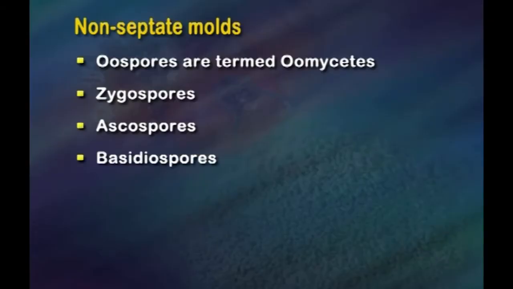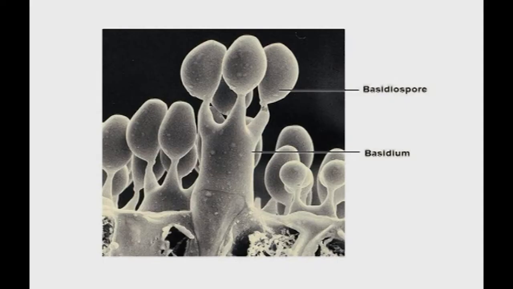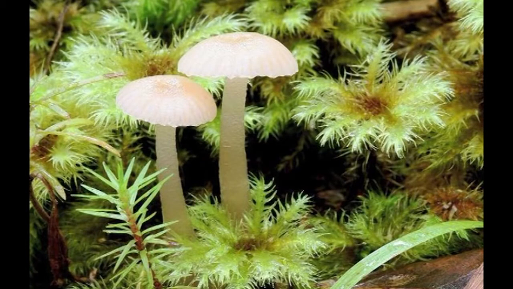Fourth one is basidiospores. The basidiomycetes, which include most mushrooms, plant rusts, smuts, etc., form a fourth type of sexual spore, the basidiospore. Now we will discuss yeast and yeast-like fungi.